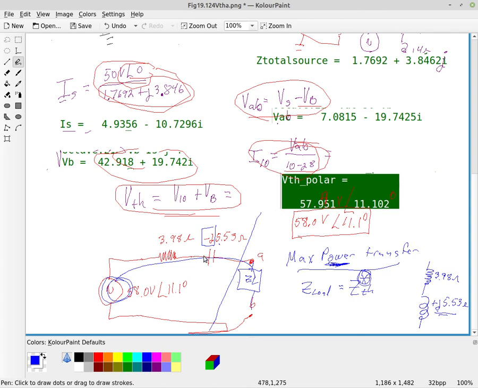So if you actually had an inductor in the Thevenin impedance, then you would put a capacitor in the load to get maximum power transfer. All right, and so what happens is you set this value. This is a plus j5.53. This is a minus j5.53. The j's disappear, and all you're left with are the resistances within the circuit.